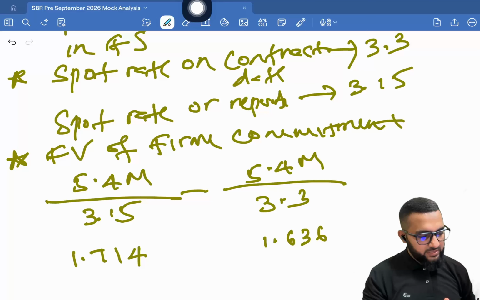So what's the difference between 1.714 and 1.636?